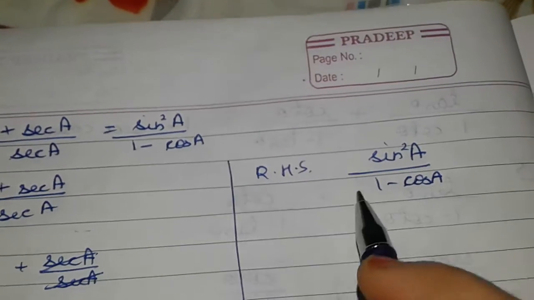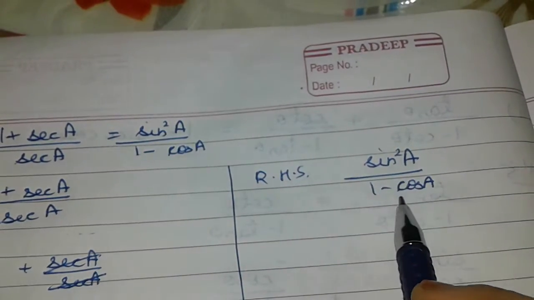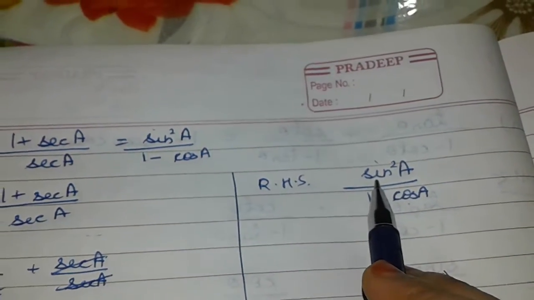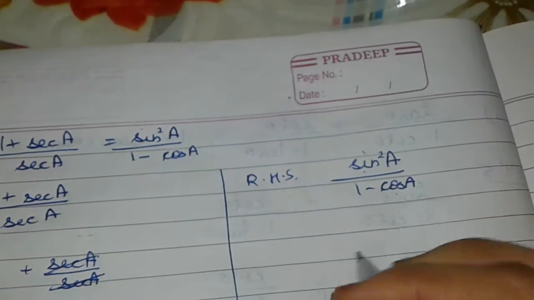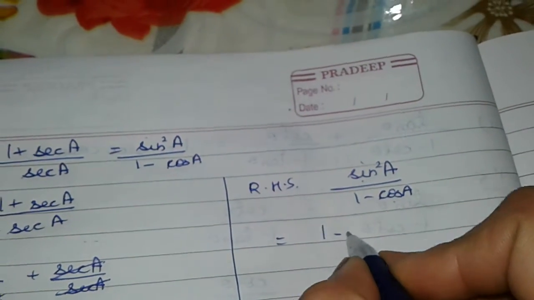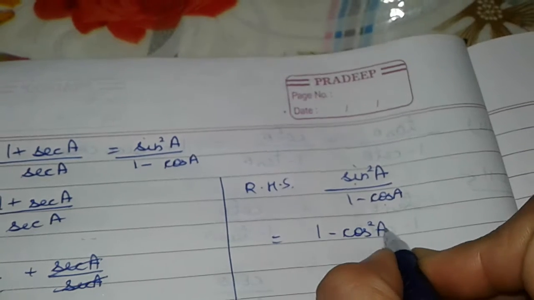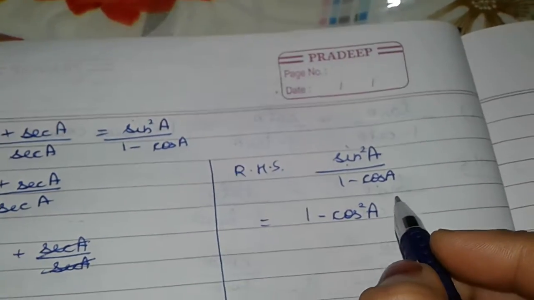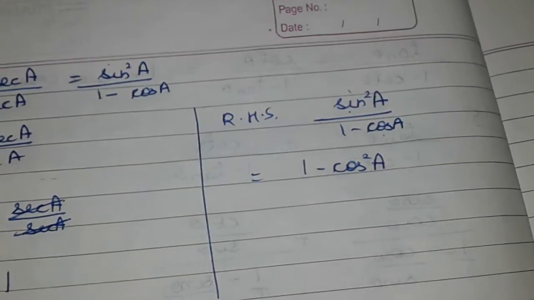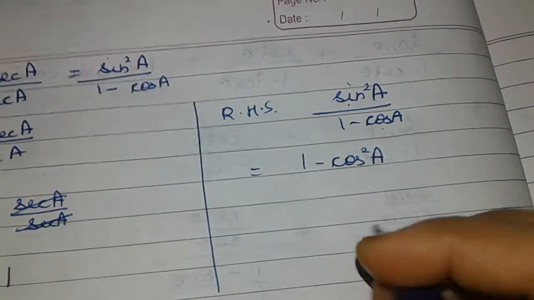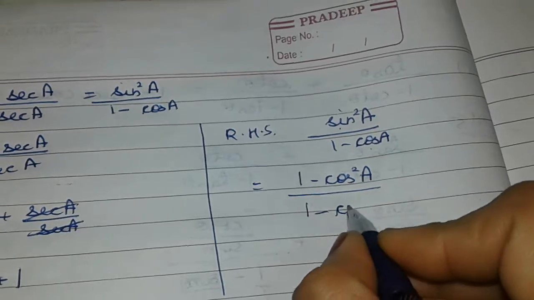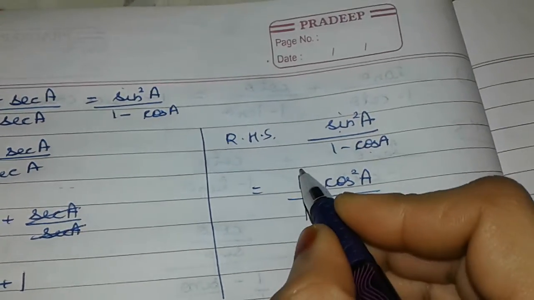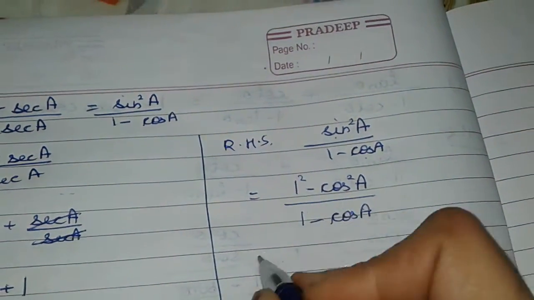Now take right hand side. On the other side, the right hand side is sin square a upon (1 minus cos a). Now this sin square a can be written as, from the trigonometric identity, 1 minus cos square a. Here I am using the trigonometric identity, that is sin square a plus cos square a is equal to 1. So I have written 1 minus cos square a and in the denominator it is 1 minus cos a. Now this 1 can be written as 1 square, as the square of 1 is 1.